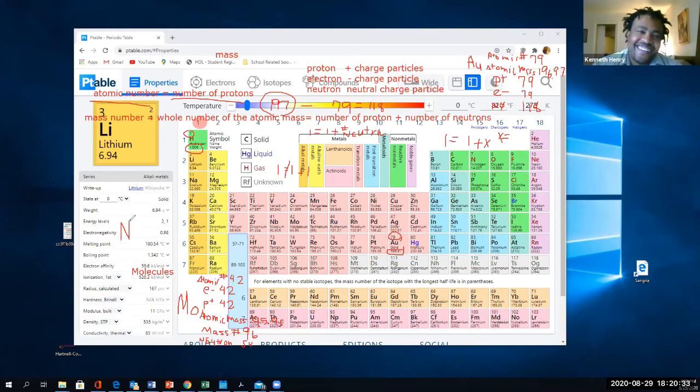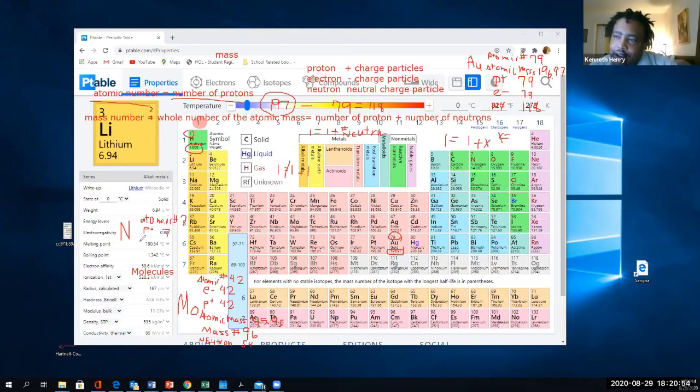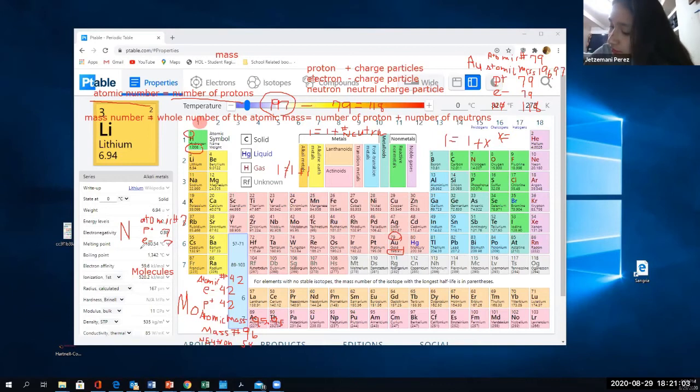And now, what is the atomic number for nitrogen? 7. Okay, so atomic number is 7. Number of protons? 7. Number of electrons? 7. Atomic mass? 14.007. 14. Okay.